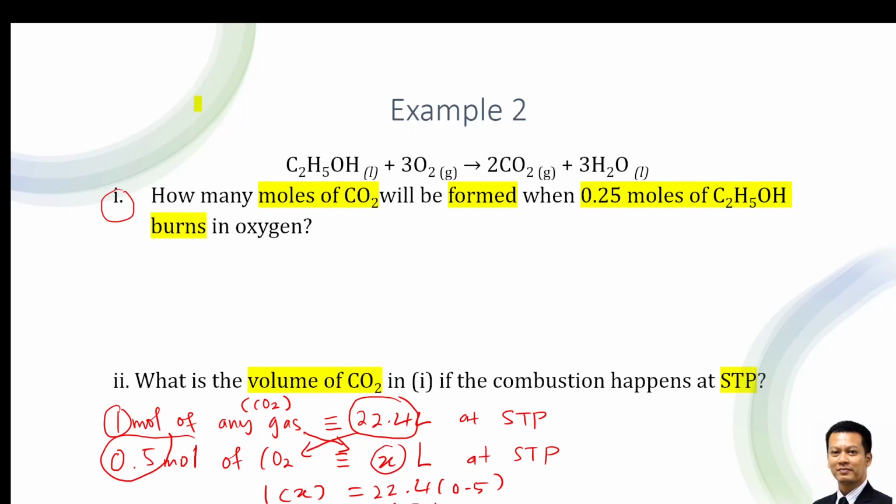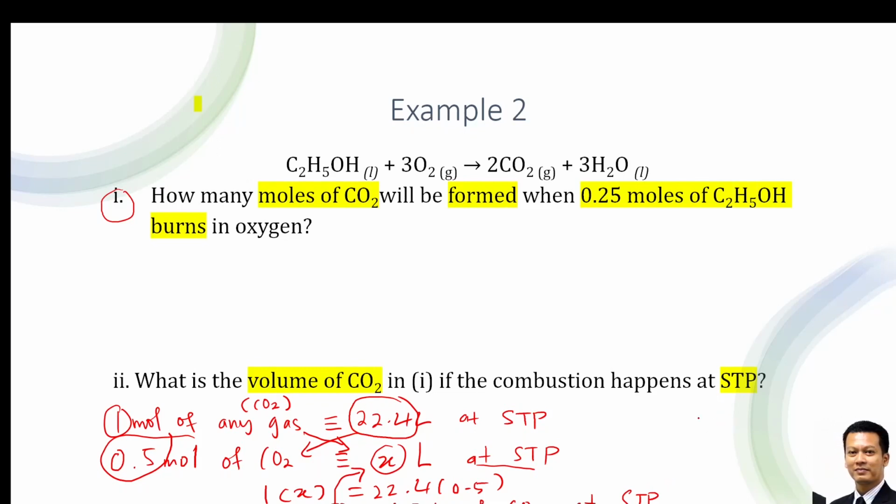Liter of what? X here refers to the volume of CO2 gas at STP. So 11.2 liter of CO2 at STP. That is the volume of CO2 that it will occupy if the combustion happens at STP.